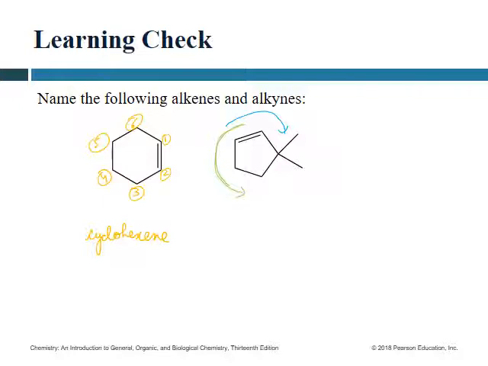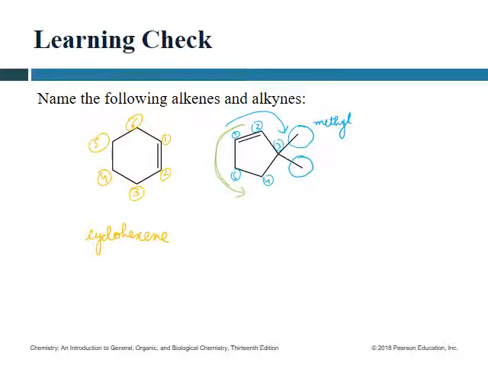So I'll start from this direction, 1, 2, 3, 4, 5, and that's it. 5 carbons. The double bond is between 1 and 2, and I have 2 substituents right here, and both are methyl. So first we name the parent chain.